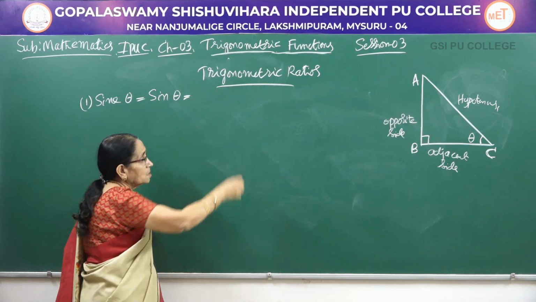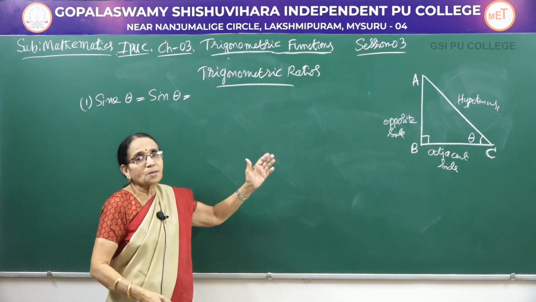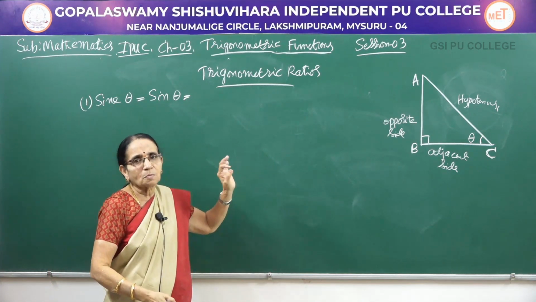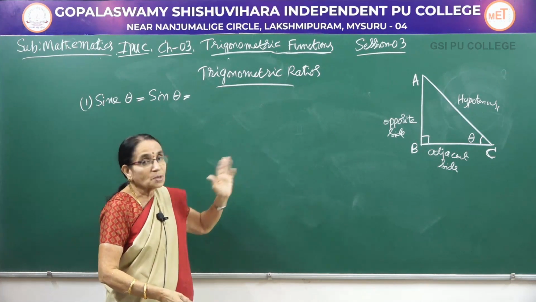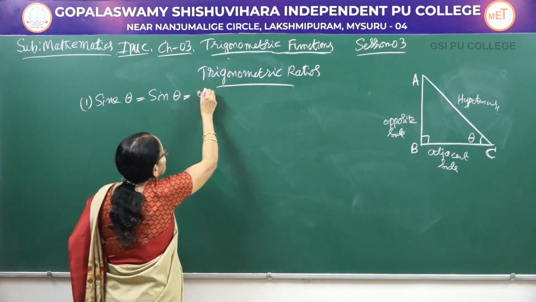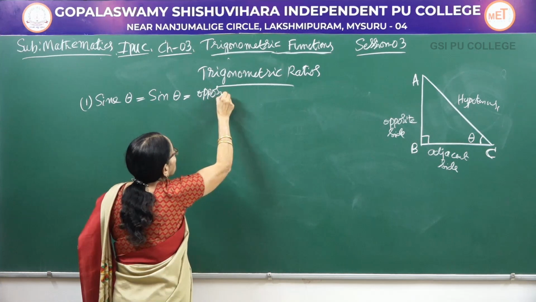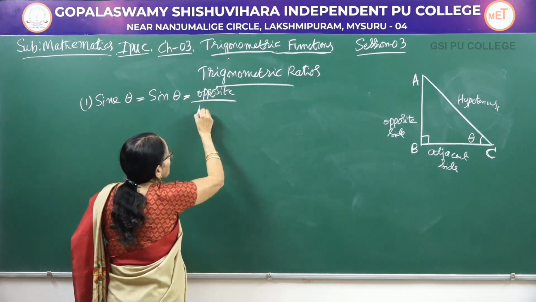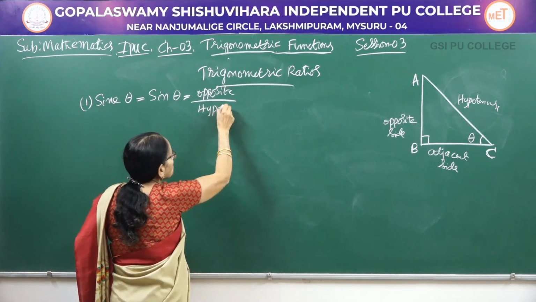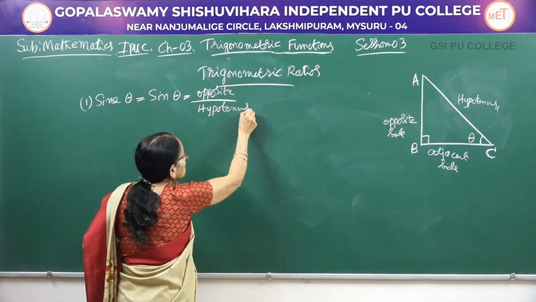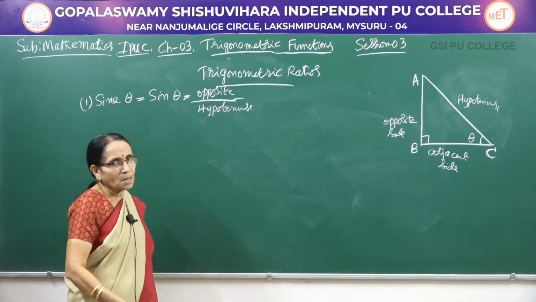And here, don't write it as AB, BC, AC like that. It is always better to remember in terms of the sides. In other words, it is the opposite side divided by the hypotenuse. Of course, in this triangle, it is AB by AC.